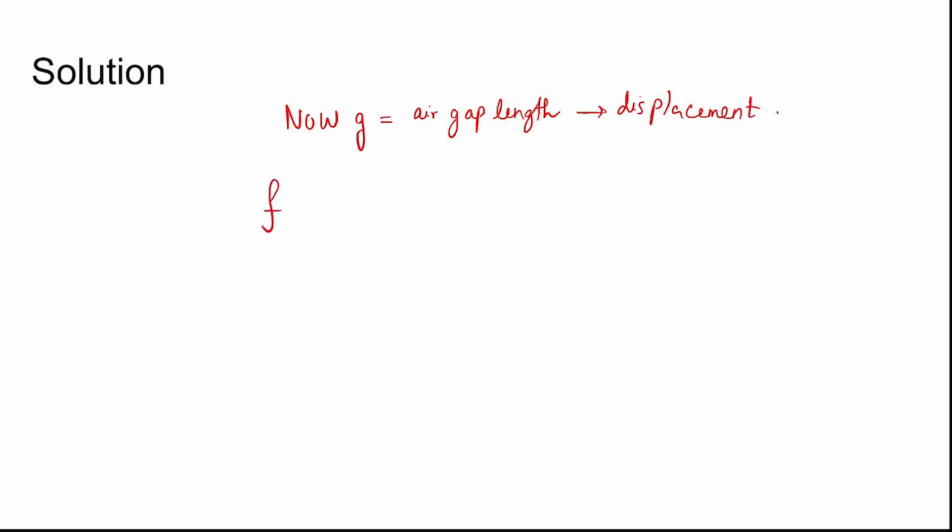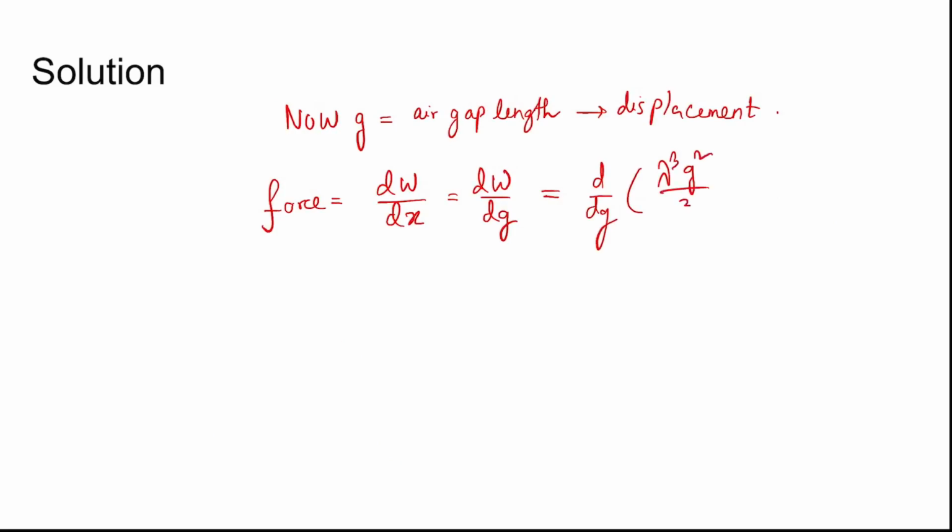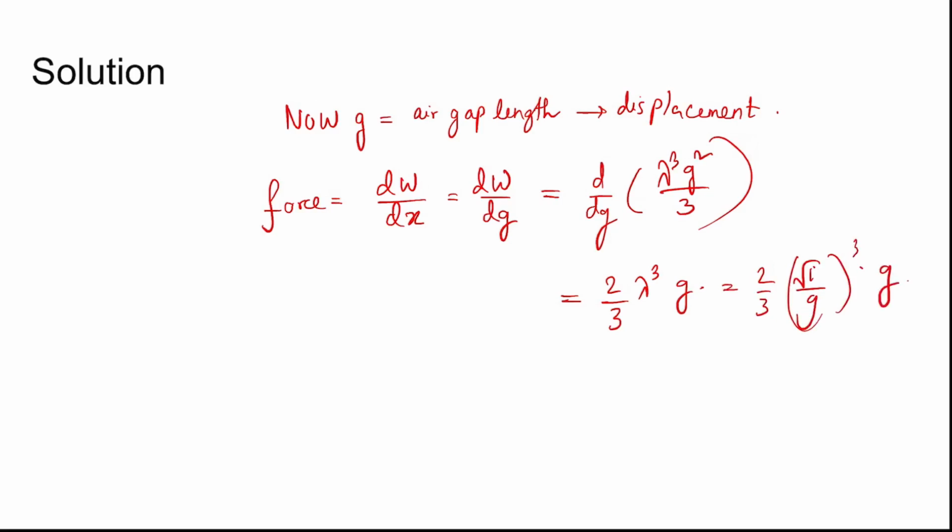So force F equal to dW by dx equal to dW by dg, equal to d by dg of W, that is work done by the external agent, which is lambda cube g square by 3. This is coming out to be 2 by 3 lambda cube g, which is 2 by 3 root I by g whole cube into g, because lambda is root I by g.